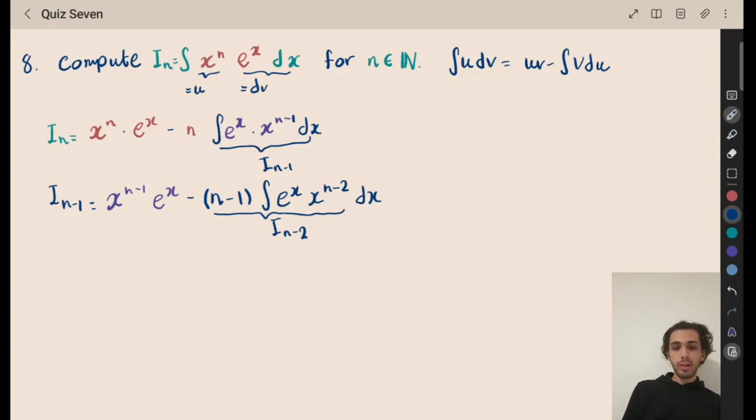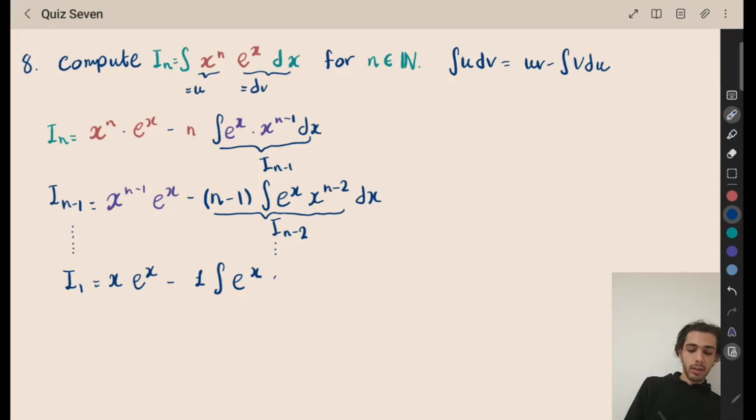But what's really going on here? Let's see. So this should go on and on and on until you reach I_1, which will be equal to x to the 1 times e to the x minus 1, just like n minus 1. And then you get e to the x, x to the 0, and dx.